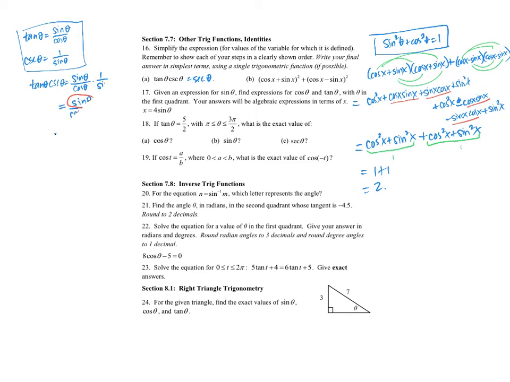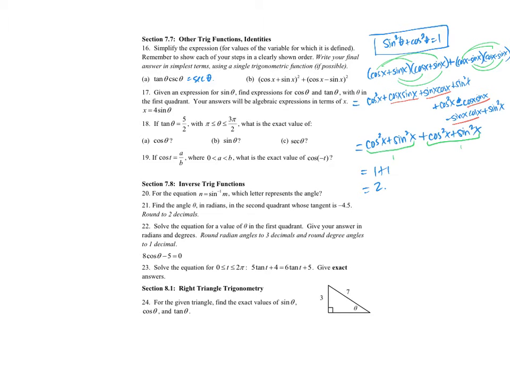Okay, so the next one says I'm given an expression for theta. I need to find expressions for cosine and tangent with theta in the first quadrant. So your answers will be algebraic expressions in terms of x.